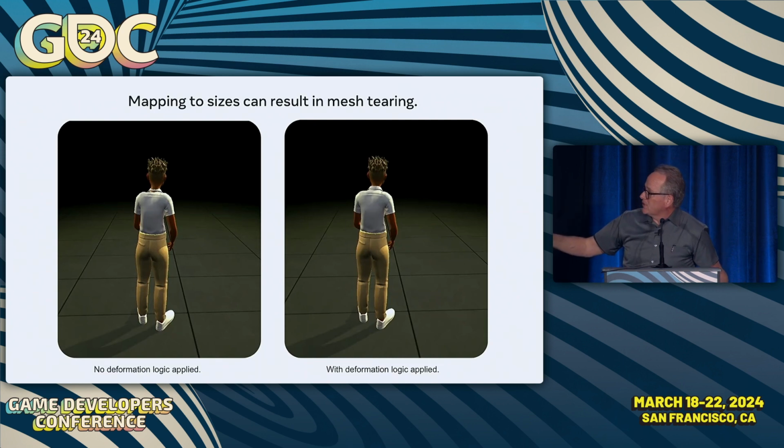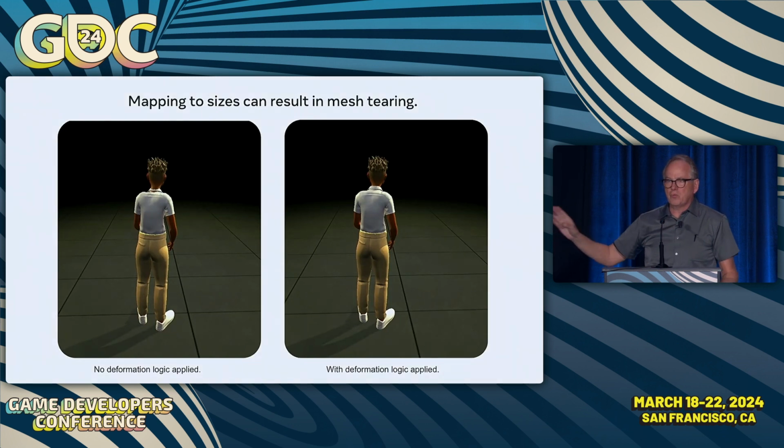On the left, you can see the tearing. On the right, you don't, with the deformation logic. Now, a common response to this is, wait a minute, that means your character is just rigged wrong, right? I mean, come on, get a better character. The issue with this is that we're not the only body tracking solution out there, and you may have created this character to work across several different body tracking solutions.